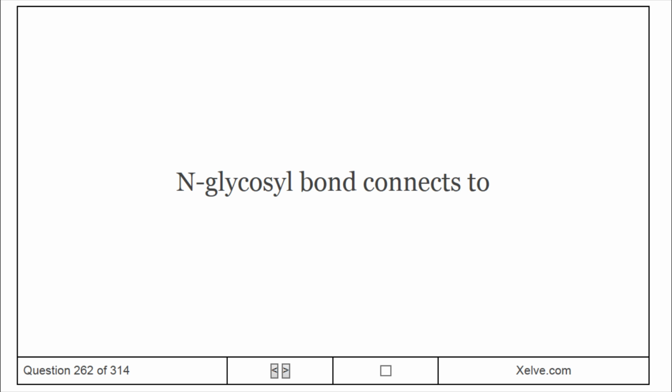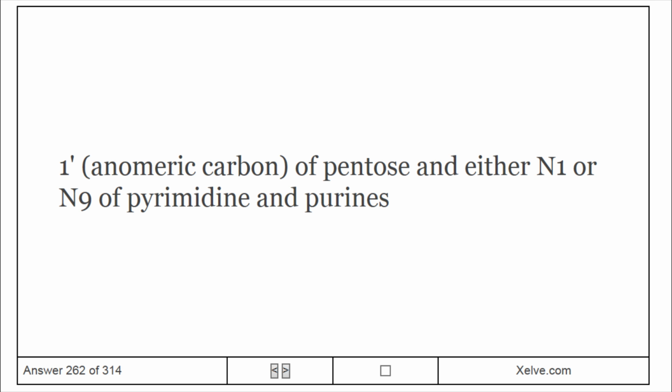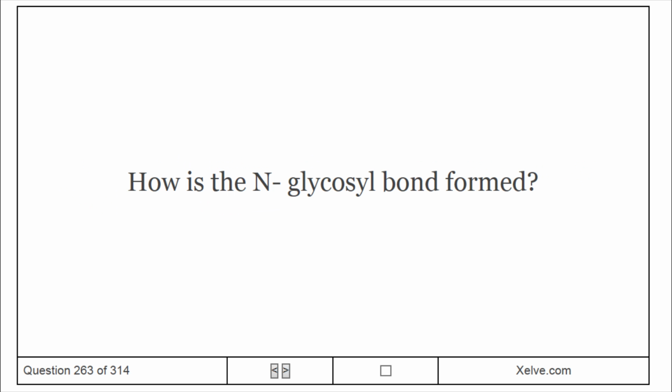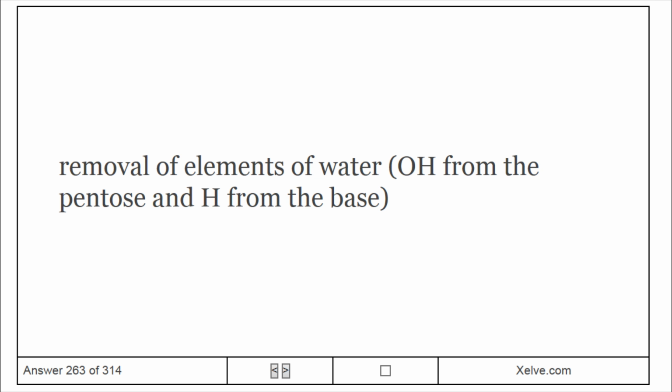The N-glycosyl bond connects C1 of pentose and either N1 or N9 of pyrimidines and purines. How is the N-glycosyl bond formed? Removal of elements of water.